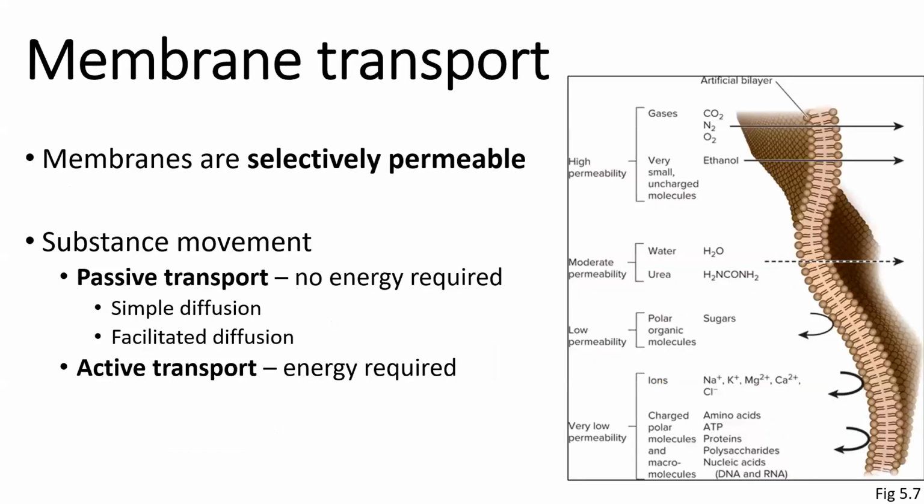So with the movement of substances, we talked about the transmembrane, AKA integral proteins. The function of those proteins is to help transport molecules across the membrane. This is why the plasma membrane, or the cell membrane, is described as selectively permeable.